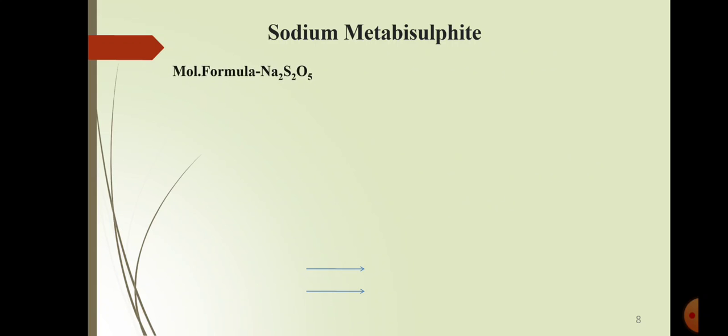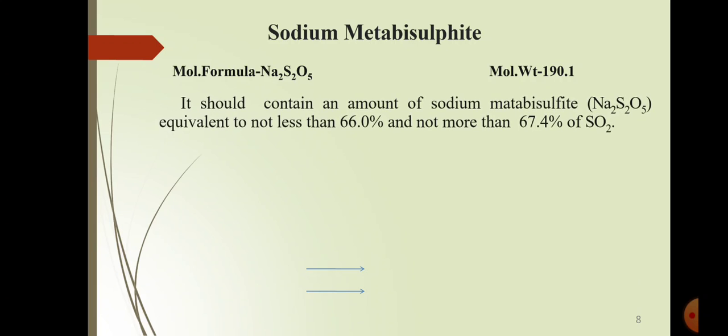Now let us see the different inorganic antioxidants. In that, the first one is sodium metabisulphite. It has a molecular formula Na2S2O5 and molecular weight 190.1.